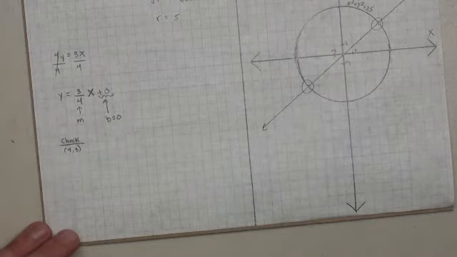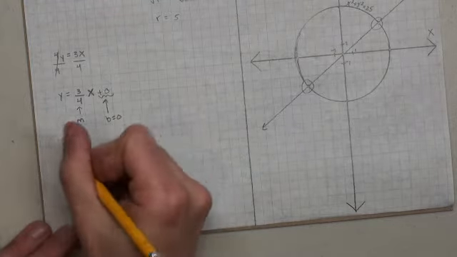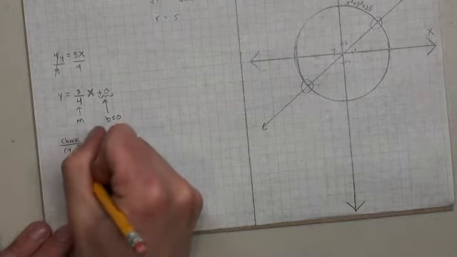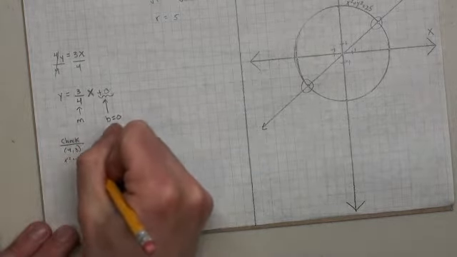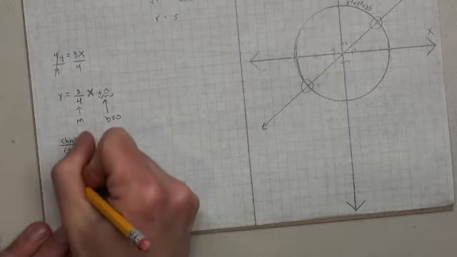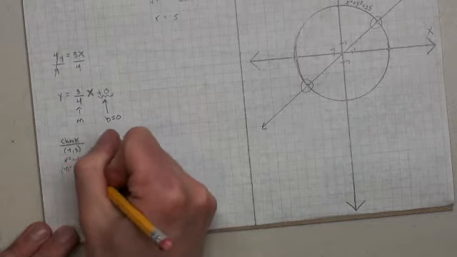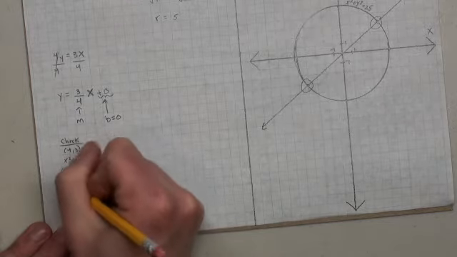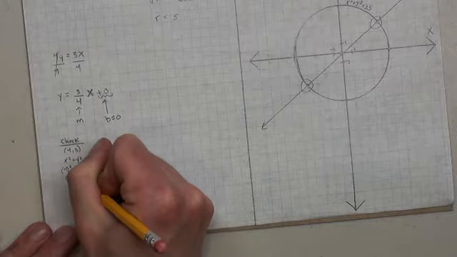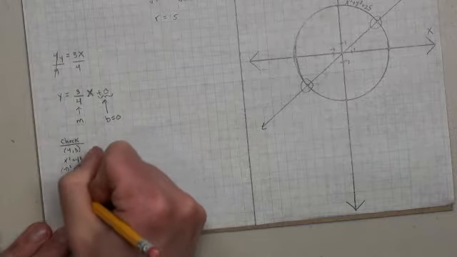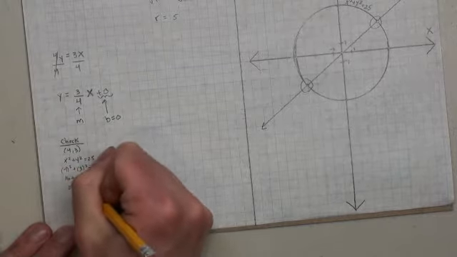Okay? And we'll check it in the first equation. We'll check it in the circle. x squared plus y squared equals 25. Remember, always put it in parentheses, 4 squared plus 3 squared equals 25. So we have 16 plus 9 equals 25. We have 25 equals 25.